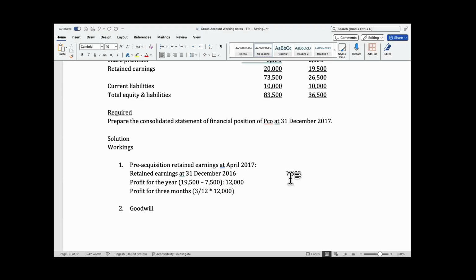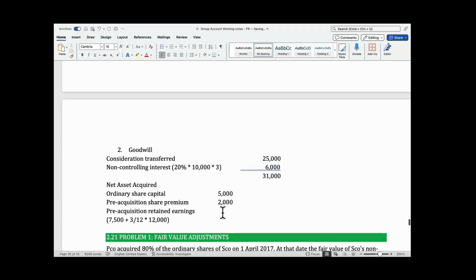Then I take profit for 3 months, from January till 1st of April, so that I can get my pre. That's 3,000. So my pre-acquisition retained earnings is simply 10,500. I just worked it out so you can see it clearly.